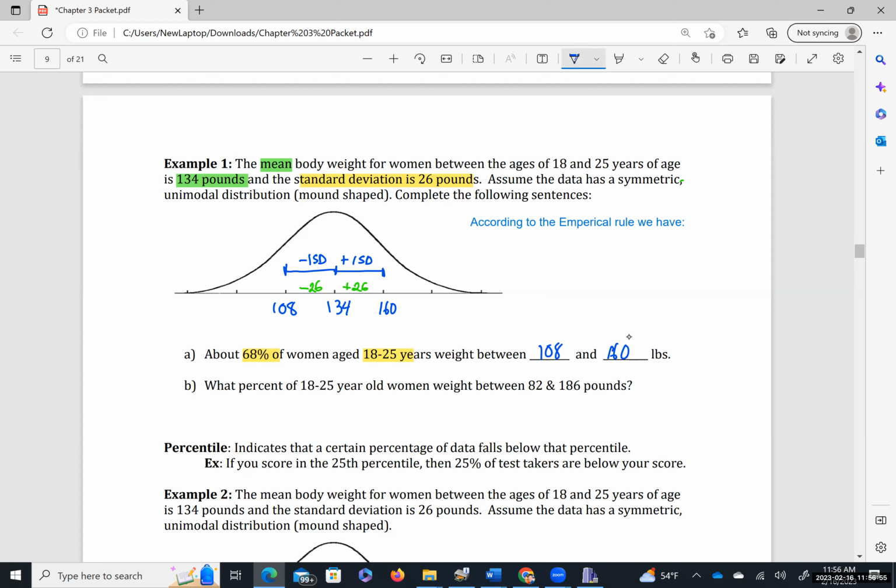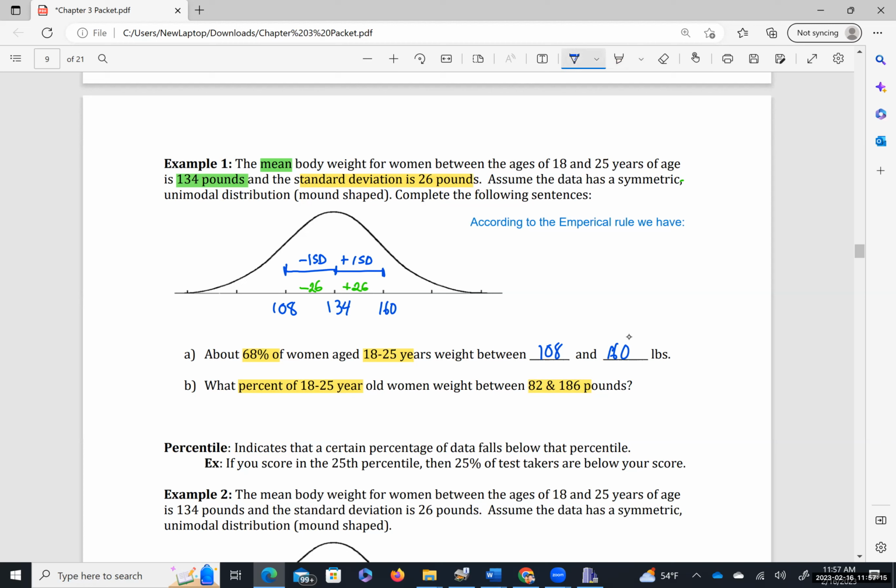And the percent of 18 to 25 year olds who weigh between 82 and 186 pounds.